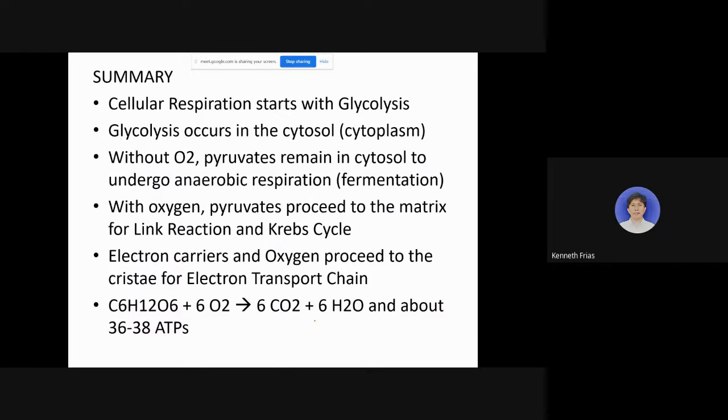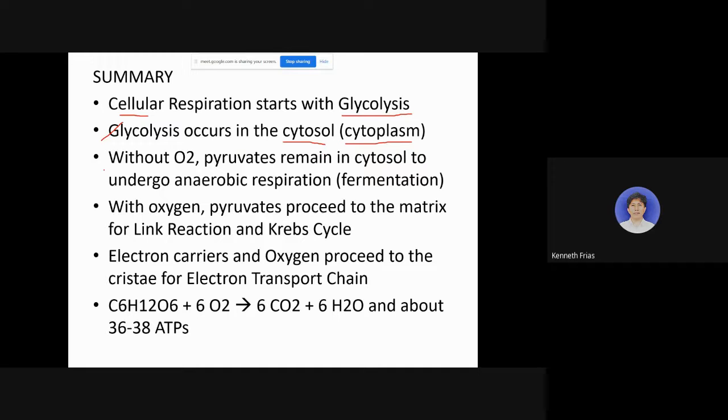Now, as a summary of cellular respiration, you have to remember that cellular respiration is the breaking down of sugar to make ATP. Cellular respiration always starts with glycolysis, whether there is presence or absence of oxygen. Glycolysis is the starting point, and it happens in the cytosol, which is the fluid in your cytoplasm.